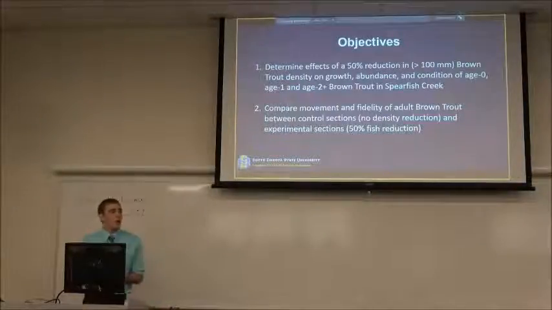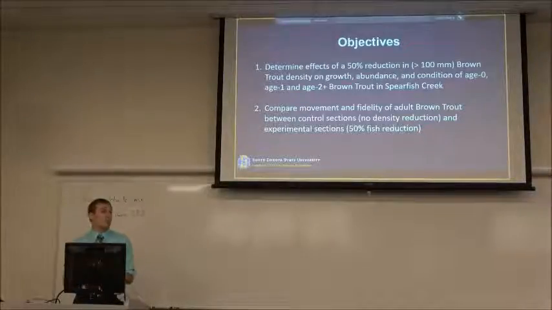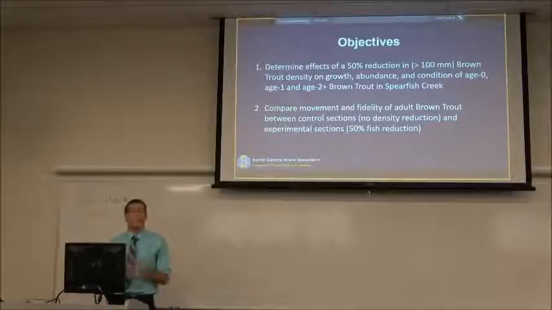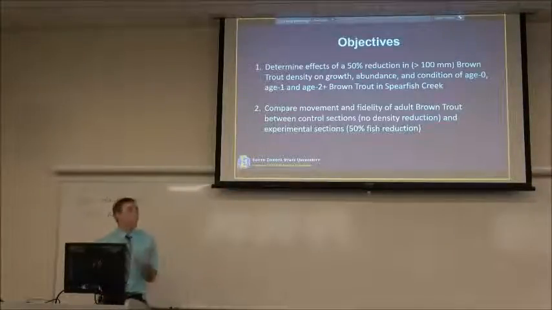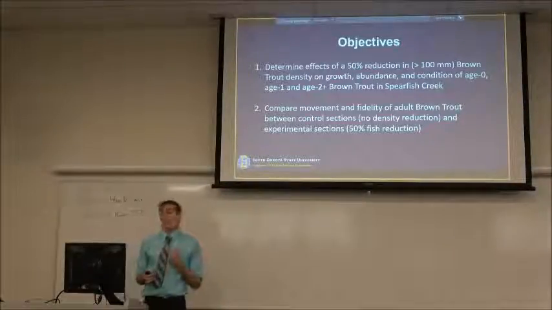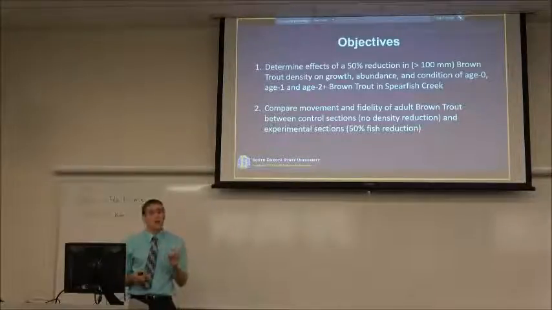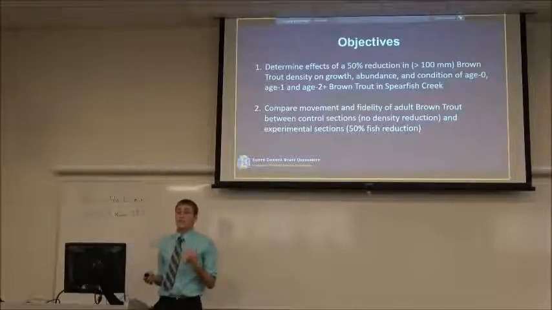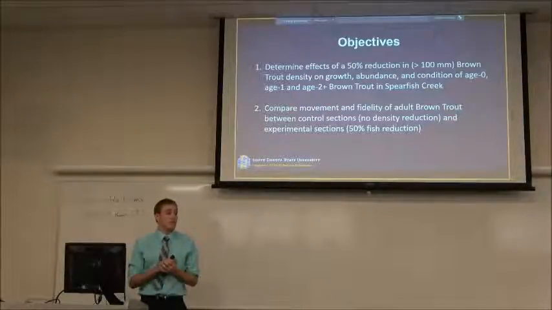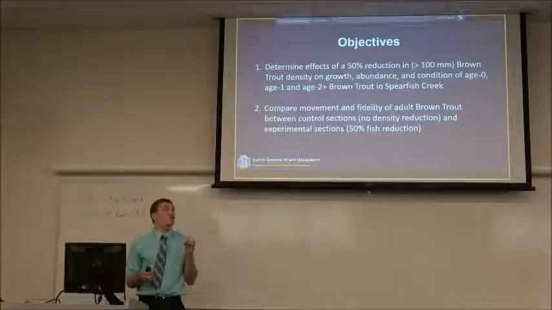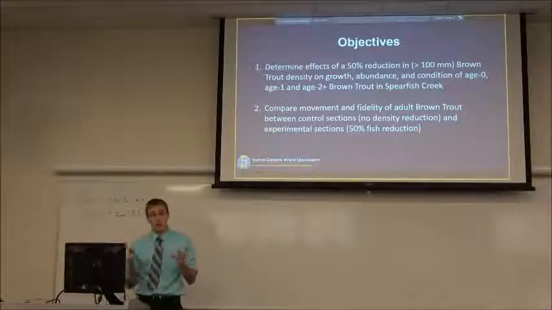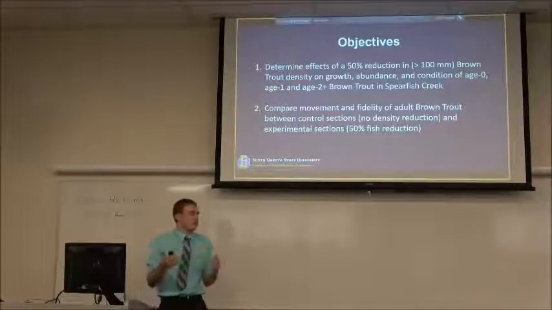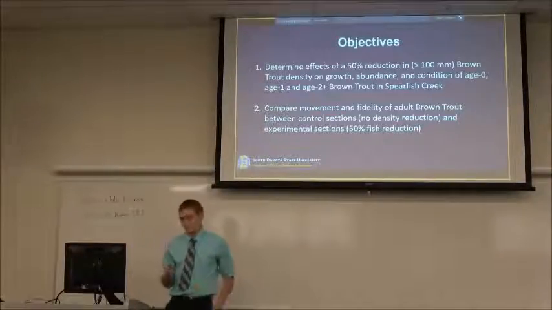So with that, what I'm trying to do is to determine the effects of a 50% reduction in brown trout over 100 millimeters on the growth, abundance, and condition of age 0, 1, and 2 plus trout. And secondly, compare the movements and fidelity of brown trout in those experimental sections of streams, so those 50% reductions, those localized reduction areas, and then our control groups.